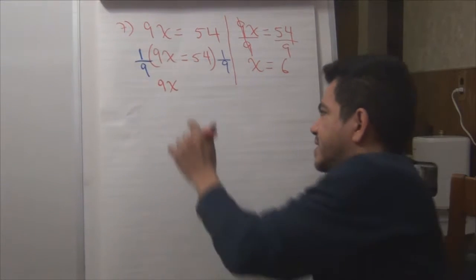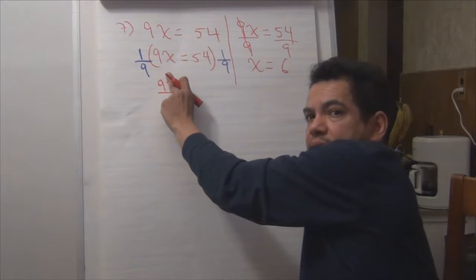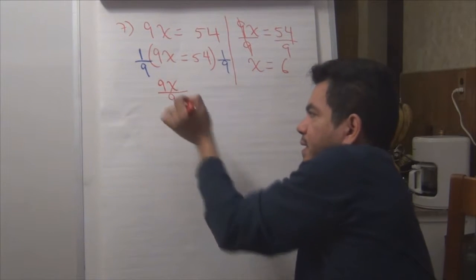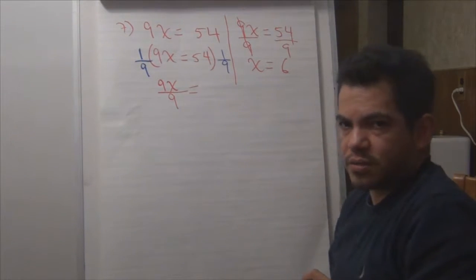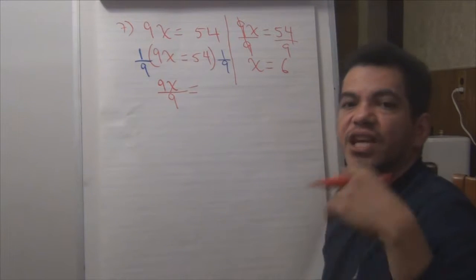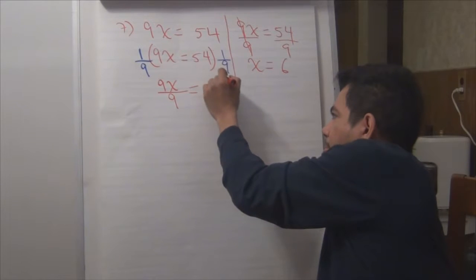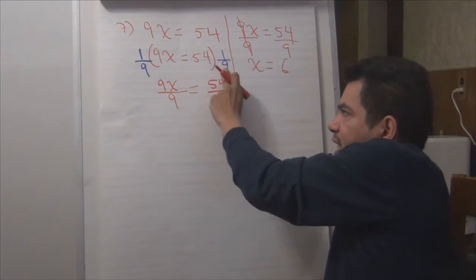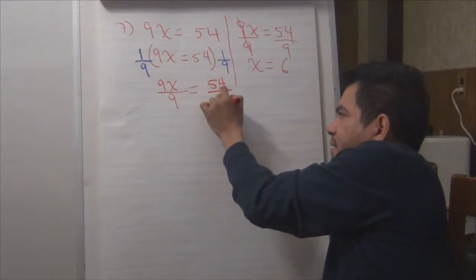So 1 times 9x is 9x over 9 times 1, which is 9. That equals, if you want to put this 54 over 1, be my guest. So 54 times 1 is 54, and then 9 times 1 over here, the invisible 1, is 9.